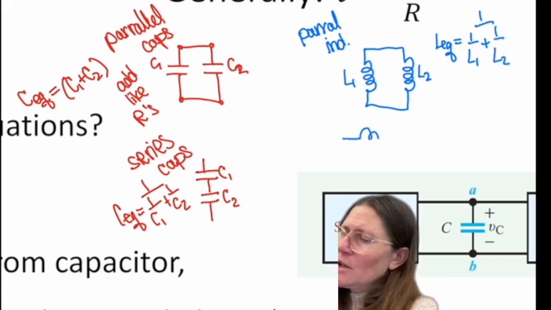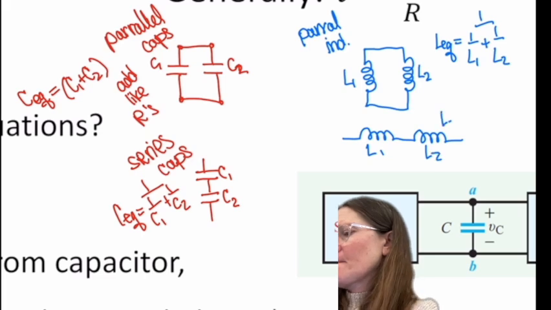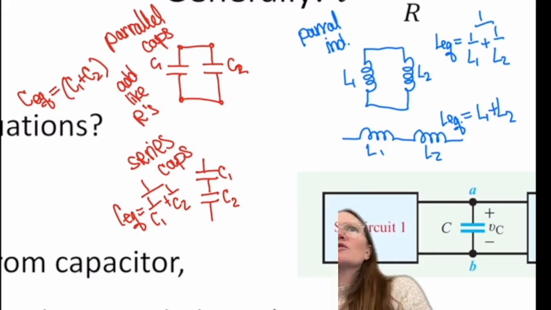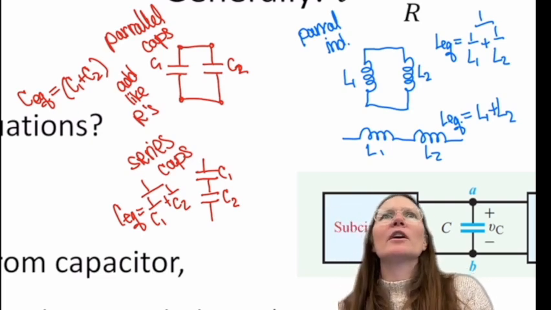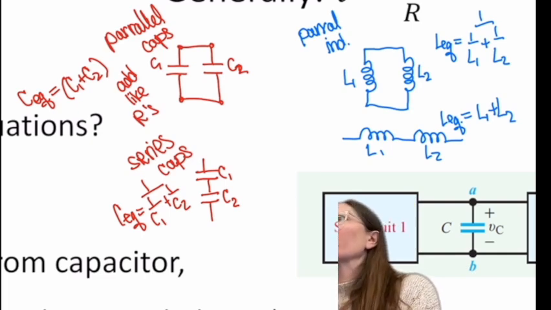And then series adds. So you can combine capacitors into just one and then have a first order circuit with them as a combination together.